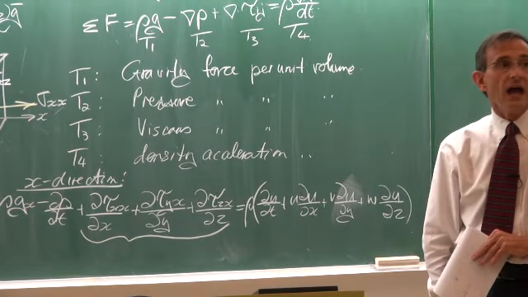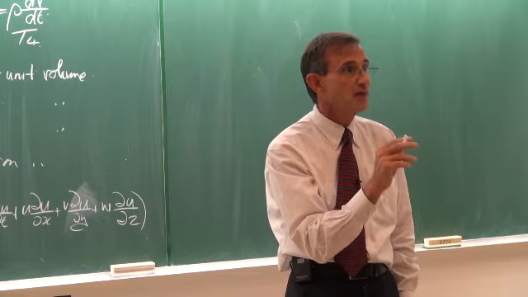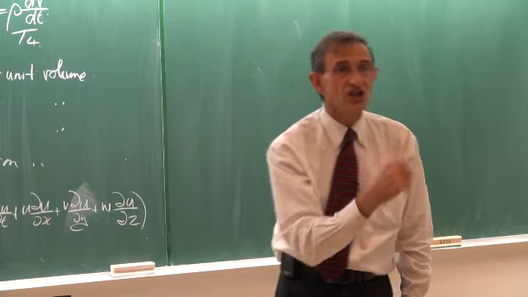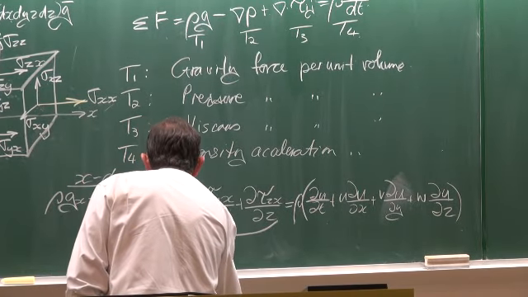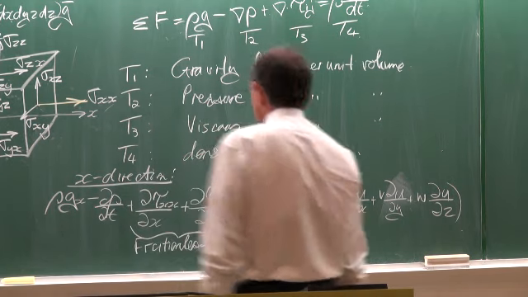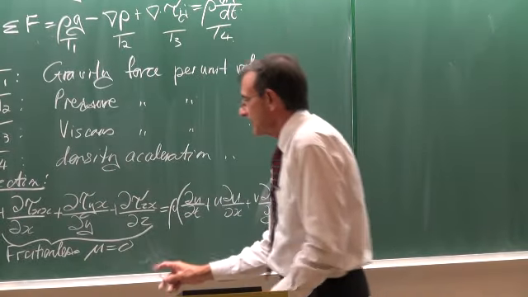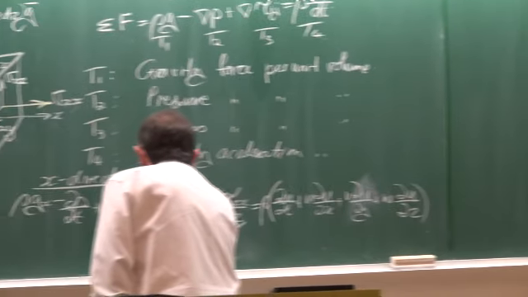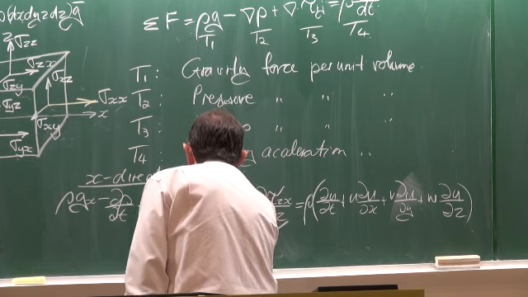Okay. And the very special case is when we want to consider flow which is frictionless. If it's frictionless, then the viscosity is equal to 0, and then tau ij would be equal to 0.